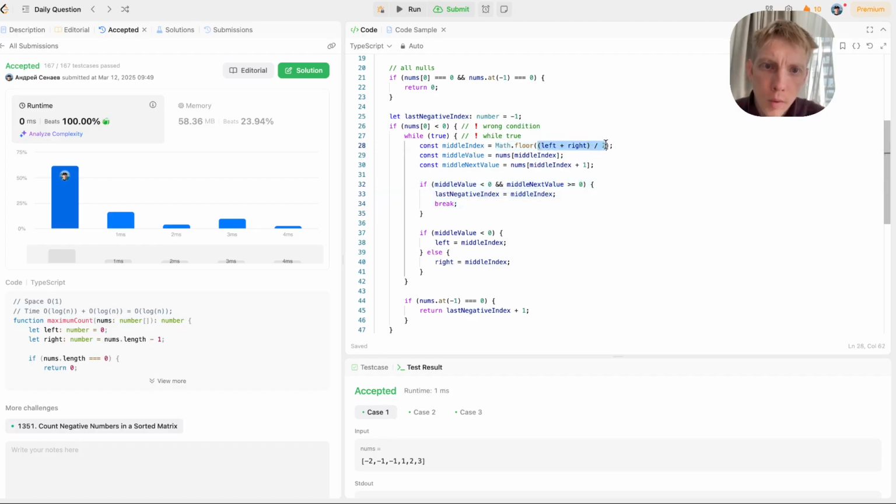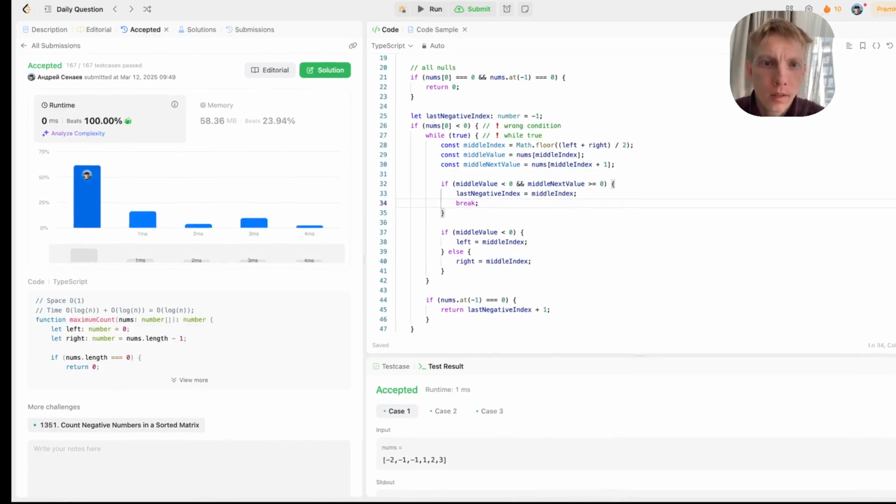Next time I should remember how it works, just not to make this mistake. The key points are this formula, while true, and the final condition that will break the loop. Okay, thank you very much.